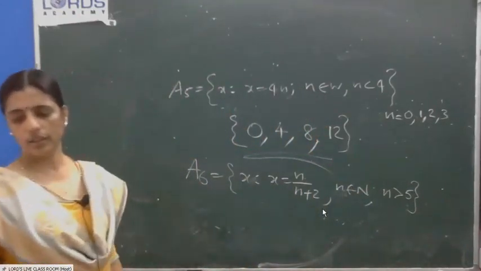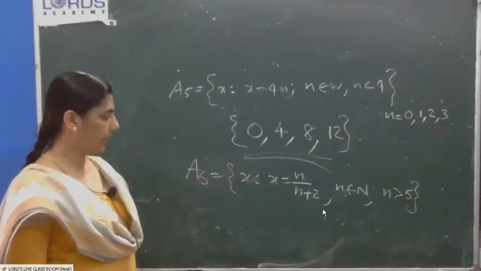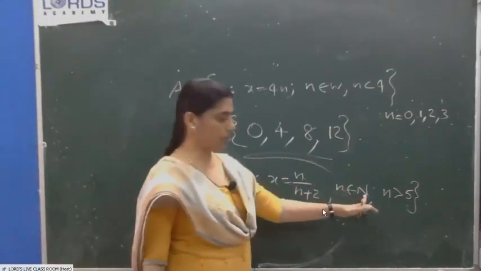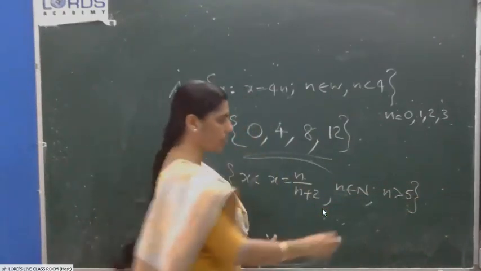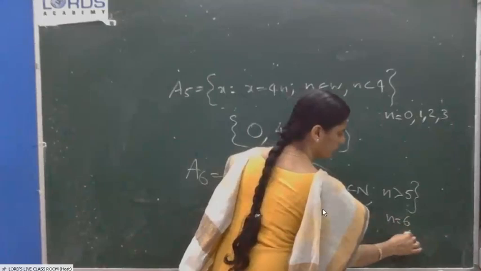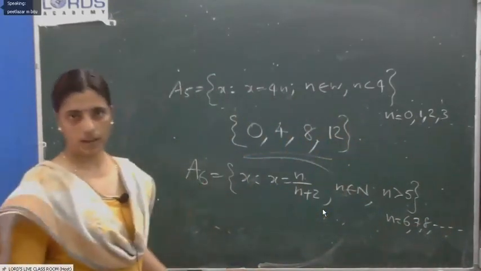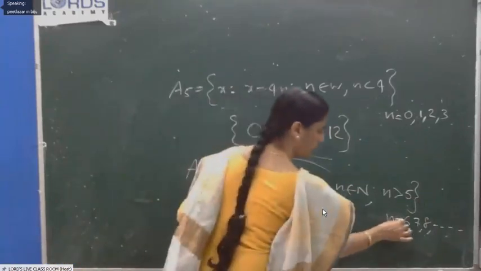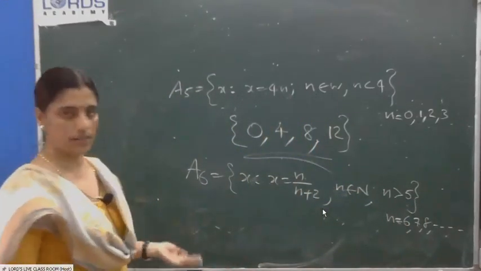First, n belongs to N, so natural numbers. But n should be greater than 5. So n equal to 6, 7, 8, etc. So here also our set will be an infinite set.